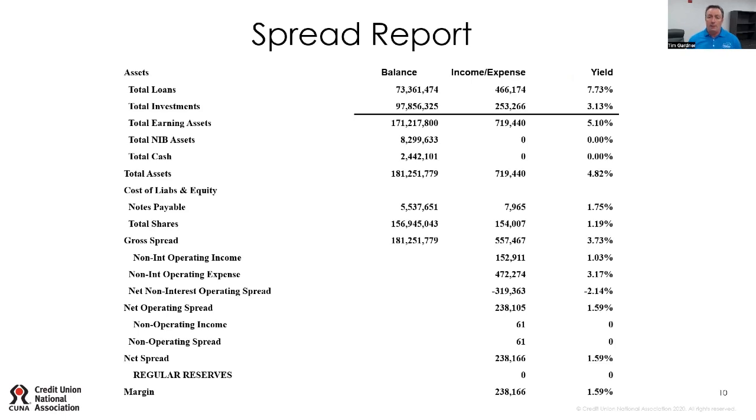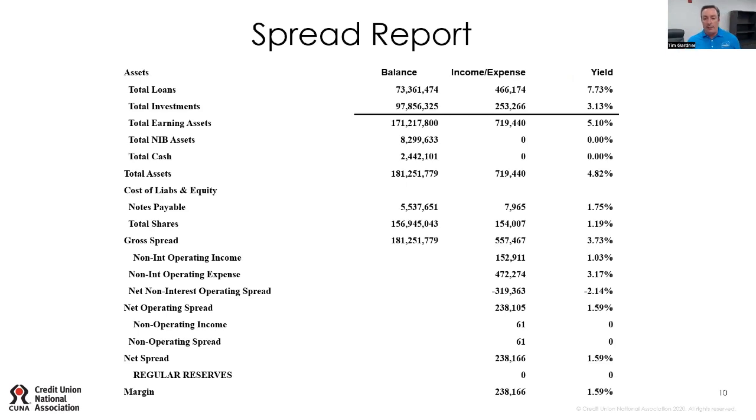So we can see on a spread report all the different numbers that we calculated, because we're familiar with it, and it shows us what the areas are that we need to focus on. Okay, so that's one of the reasons that I love a spread report, because it brings me back to the relationship between the balance sheet and the income statement, and that's obviously very helpful to us.